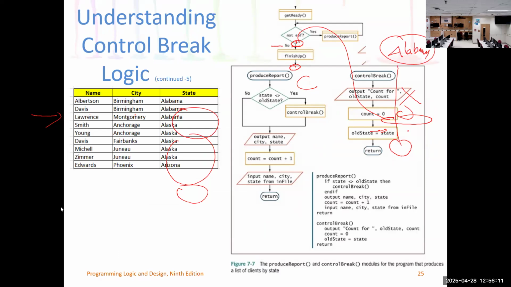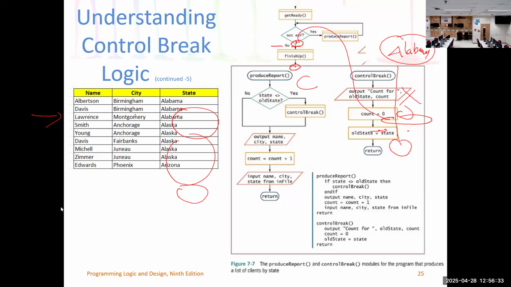So now, of course, I have to look here. I keep doing it until the end of the file, right? Not the end of the file here, so I go to the produce report here. What do I do with the produce report? I compare. If state is not old state, that means you use a break here.